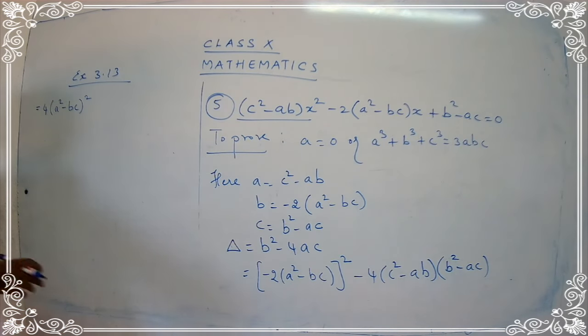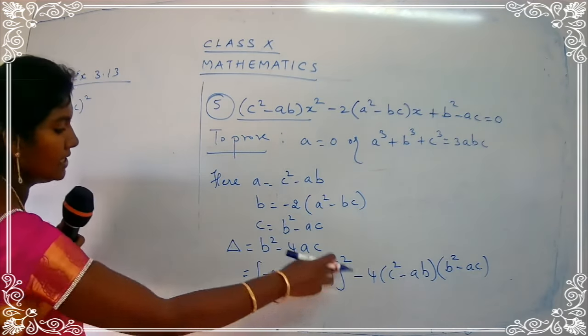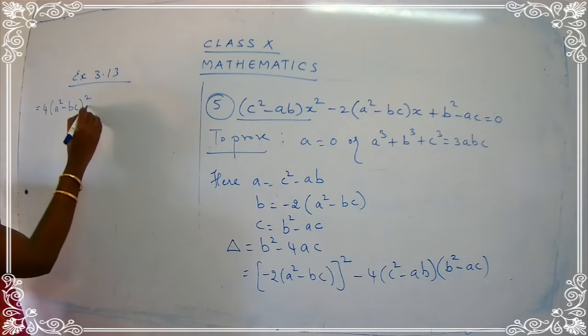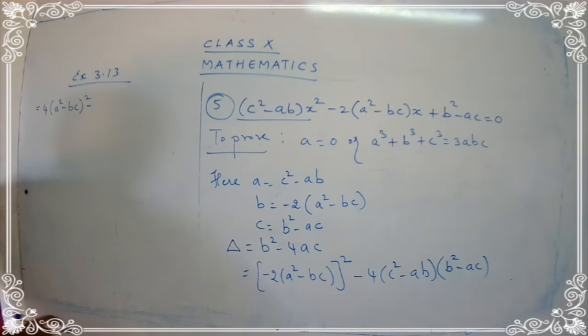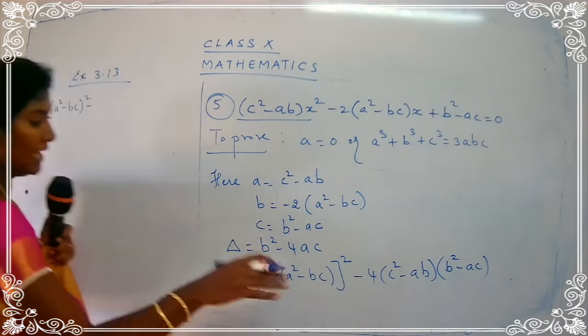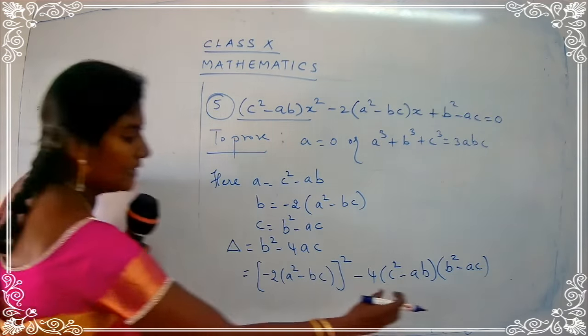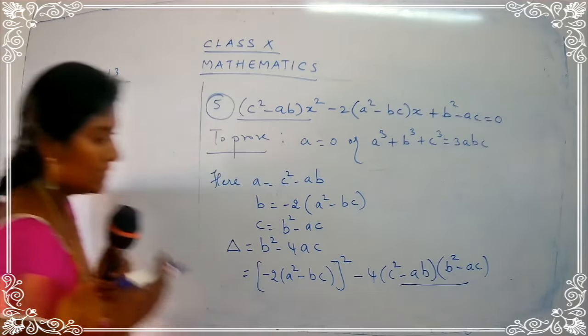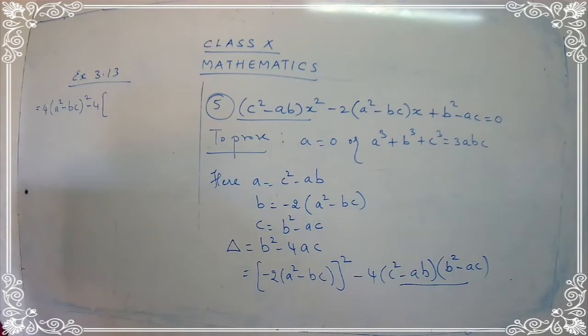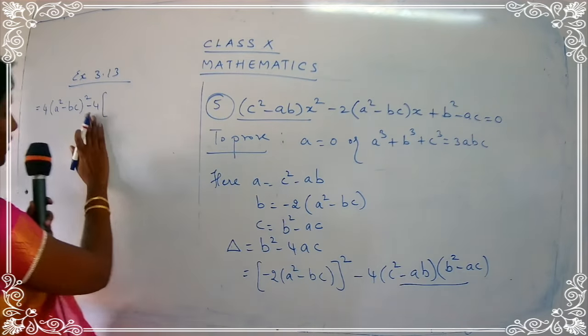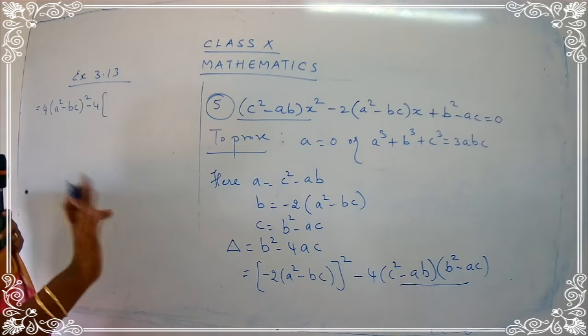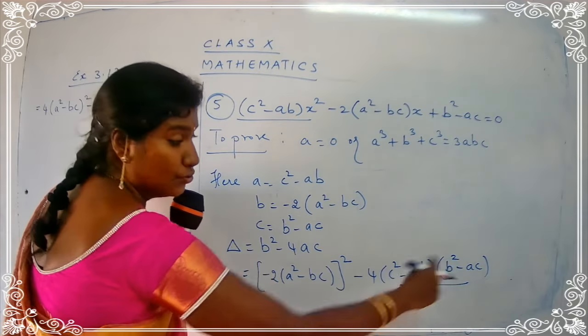So 4 a square minus bc the whole square minus 4. Let me keep 4 as it is and I'm going to multiply these two terms together. See the multiplication carefully. I'm not going to take 4 now. I'll multiply these two terms first.